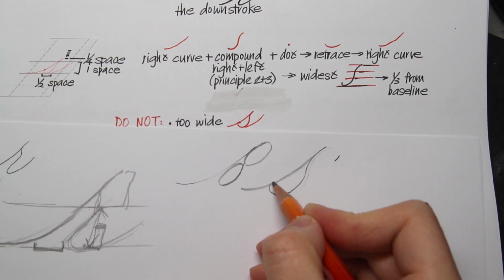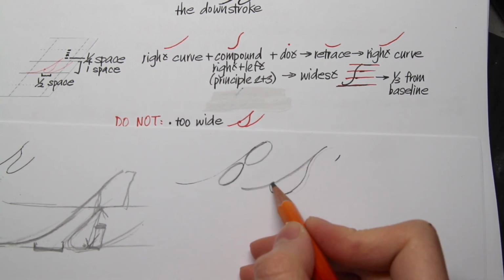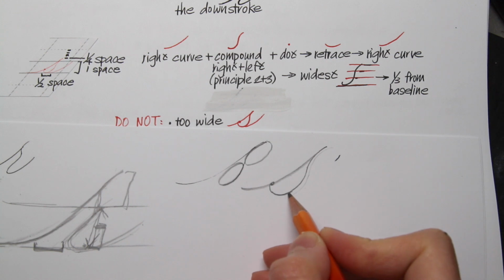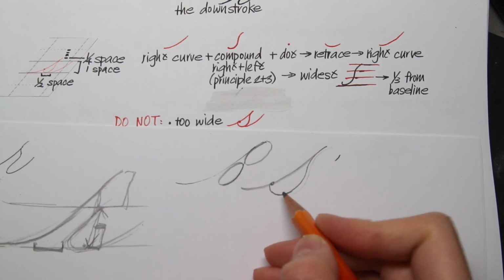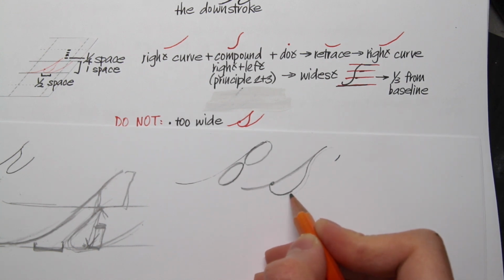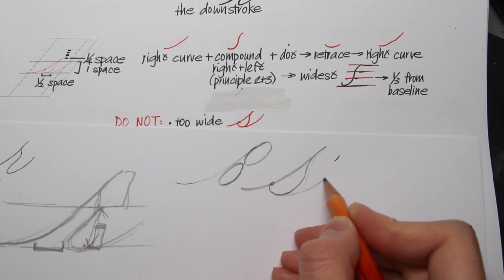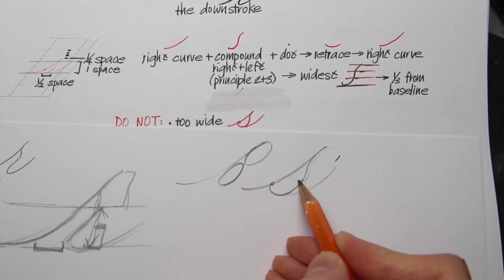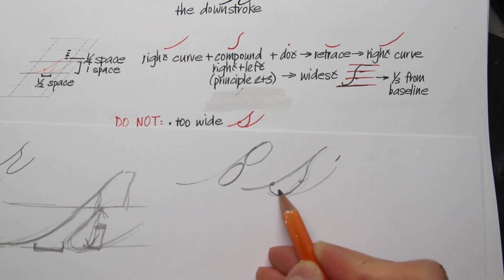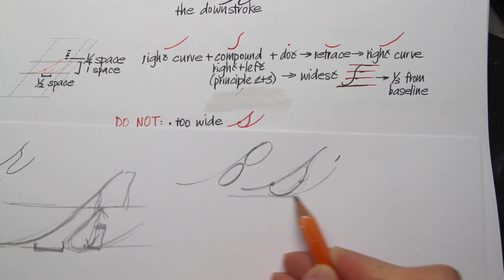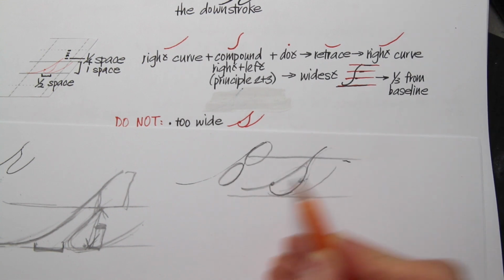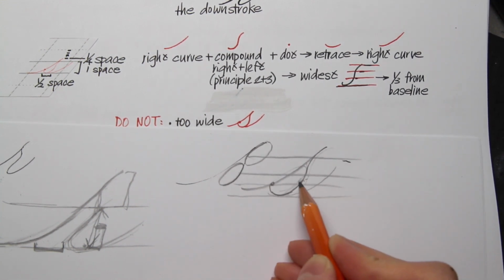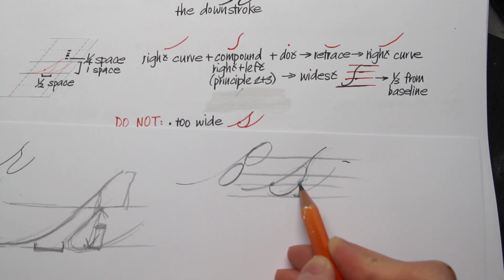Come back in, dot. You can retrace this if you can keep it light, or start from here barely touching, right curve up. The goal is that the widest part of this oval here is at 1/3 from your baseline.